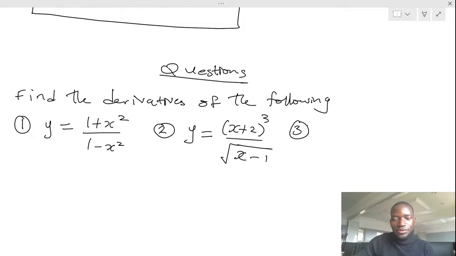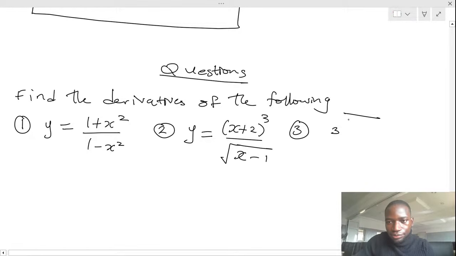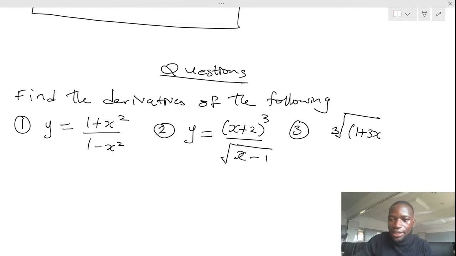Then the third one, let's assume we have the cube root of, let's say, 1 plus 3x squared, then everything all squared divided by x. So this one is also equal to y.